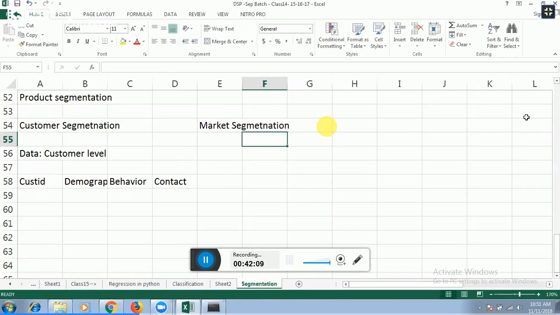Suppose you want to enter new markets. For example, a particular company is really successful in India and they want to enter a market like Singapore, because the behavior of Singapore customers and Indian customers might be different. So you want to really understand whether you are going to be successful there or not, or if you want to be successful, what type of offering I should make. That's the kind of scenario.